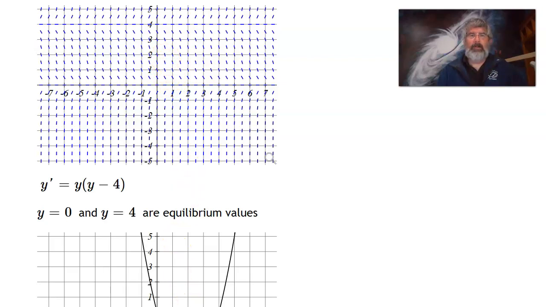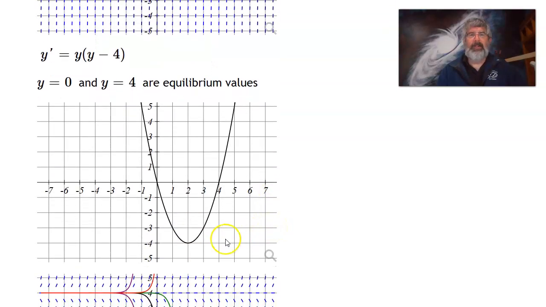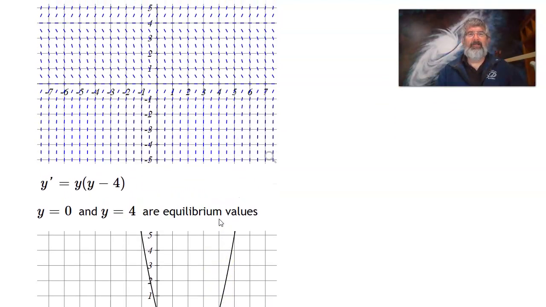At y equals 2, you're as steeply negative sloped as possible. Whoops, I'm pointing to something off the screen. At y equals 2, your slope here should be negative 4, right? So on this graph at 2, these little hash marks along y equals 2 are all negative slope, negative 4. And then getting closer to, still negative slope, but closer to 0 slope again as I go up. And I get back to 0 when I'm at 4.